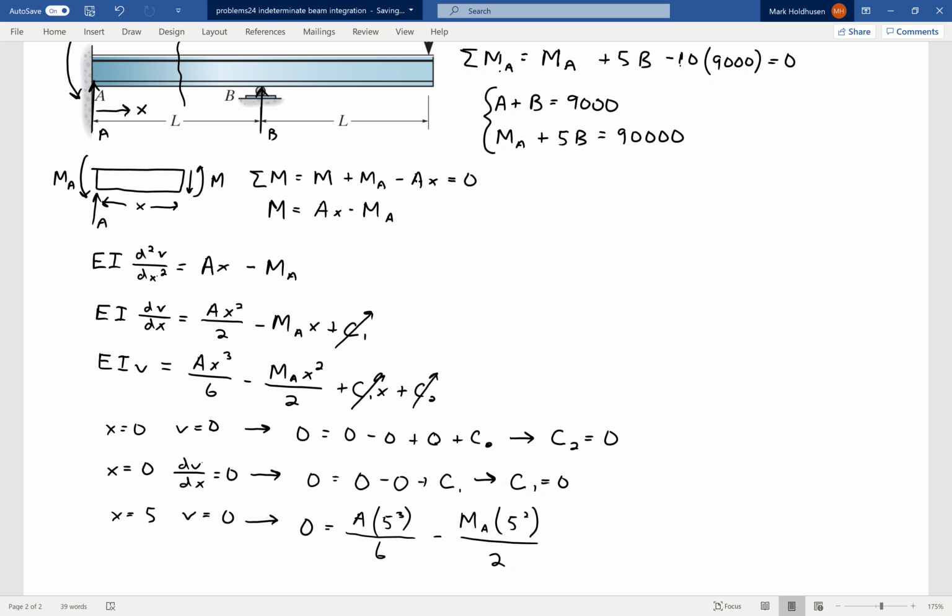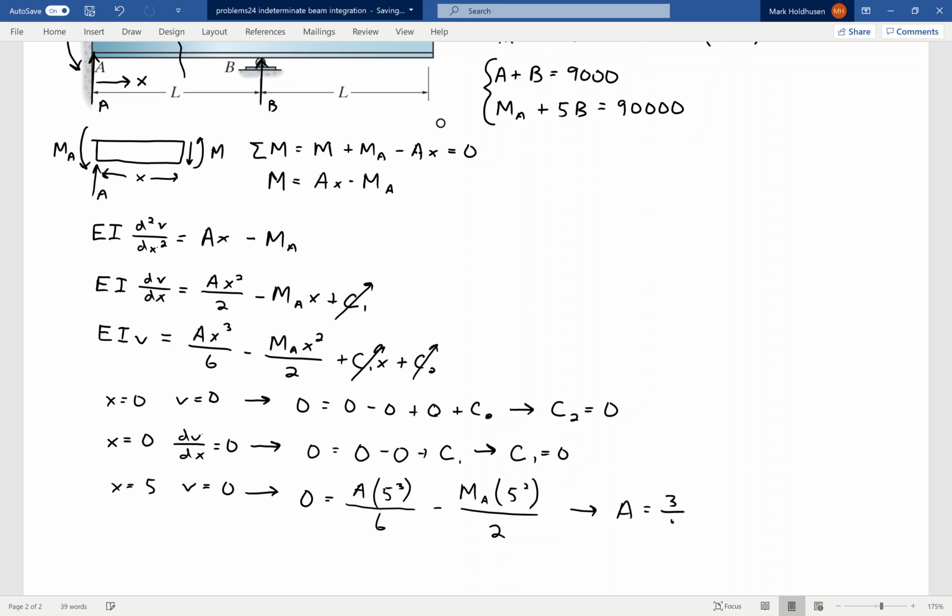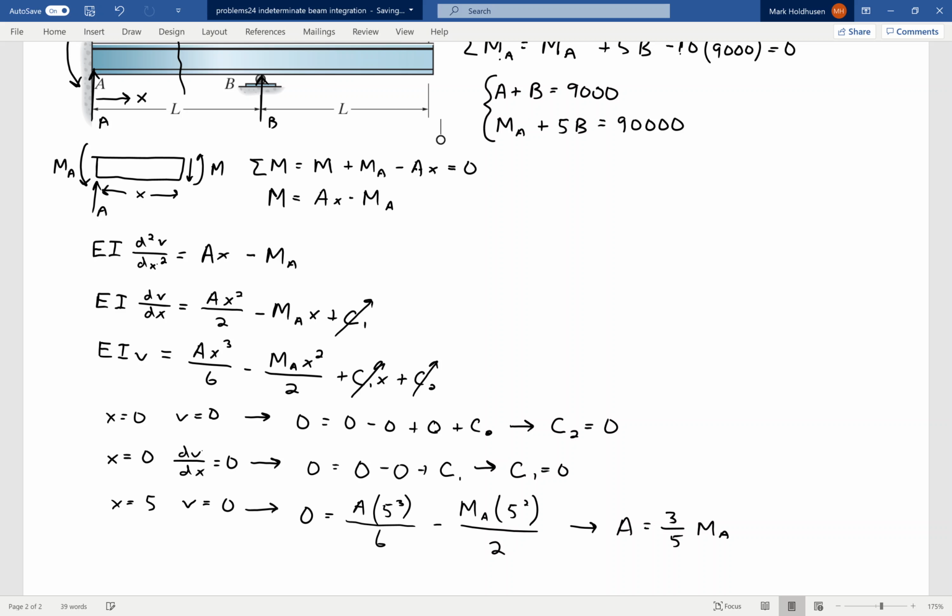From this, I can solve for A in terms of MA, and I learned that A equals 3/5 MA. That gives me a third equation.